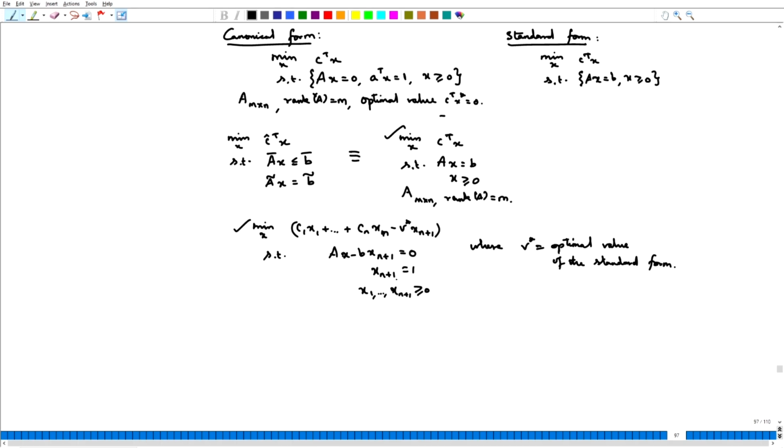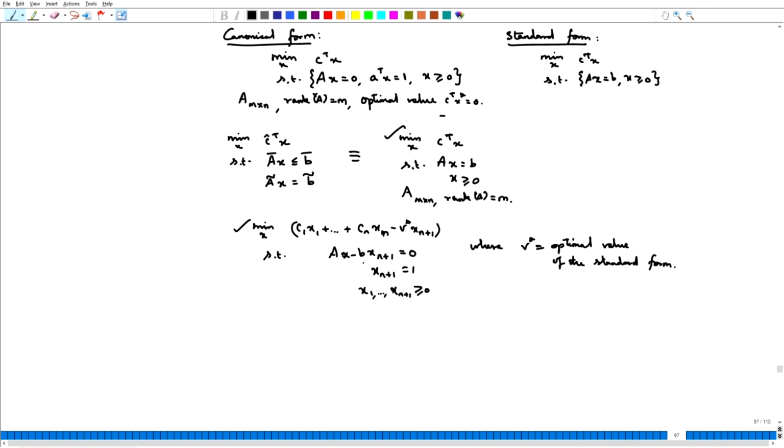If xn plus 1 equals 1, then the optimal value of the objective function here will be equal to 0. That is how the problem written in the standard form and the problem written in the canonical form are equivalent. You can see that it is clearly in the canonical form because this is a problem in n plus 1 variables, and the first constraint is of the form Ax equal to 0.